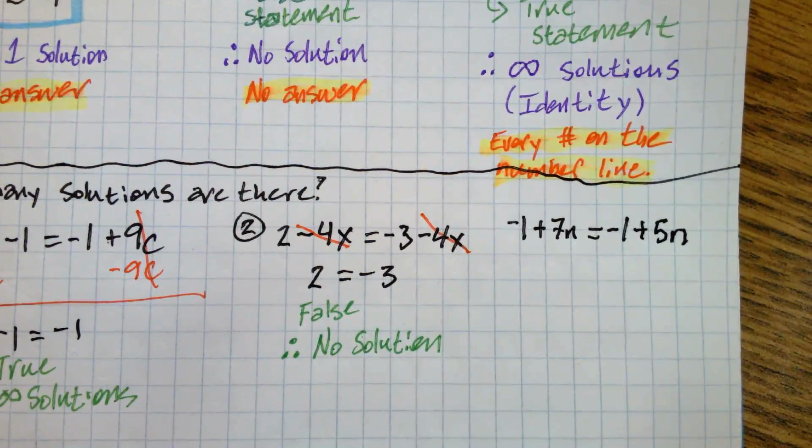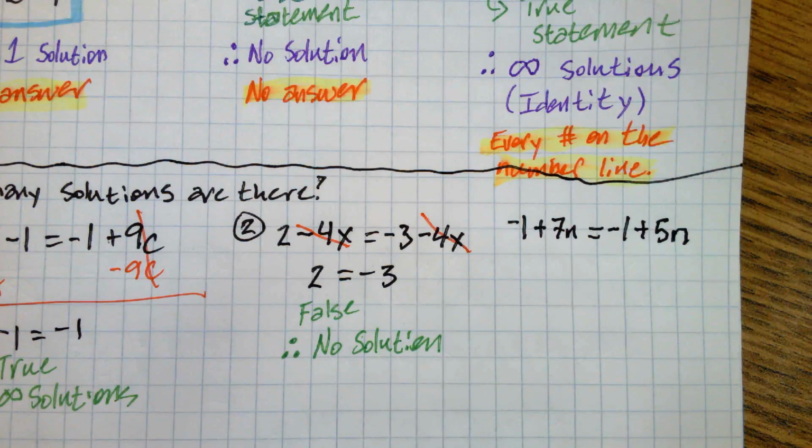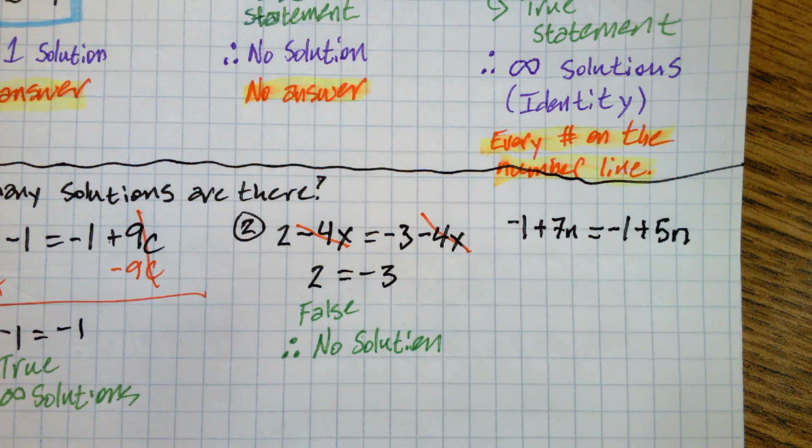write down this one. Negative 1 plus 7n equals negative 1 plus 5n. One solution. How do we know it's one solution? There's something specific. When you look at what has a variable, the numbers aren't the same.